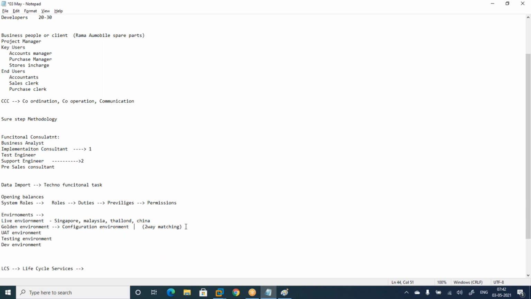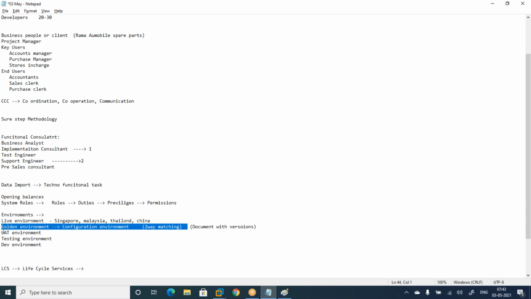Of course, rather than maintaining an environment, I can make a document with versions. That is also possible. But if you have money, you may not want to maintain a document, you want an environment. If you have very big organizations, particularly a group of companies in multiple countries with multiple legal entities, then I will maintain one golden environment, so that this is the initial decision for the entire group.